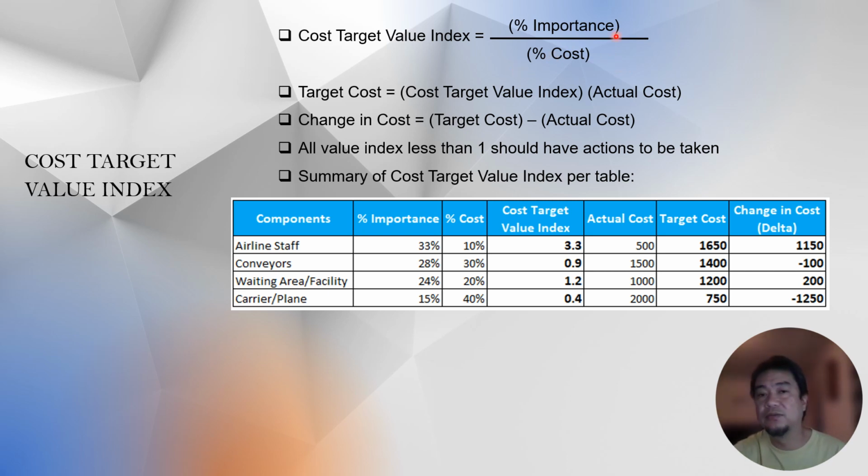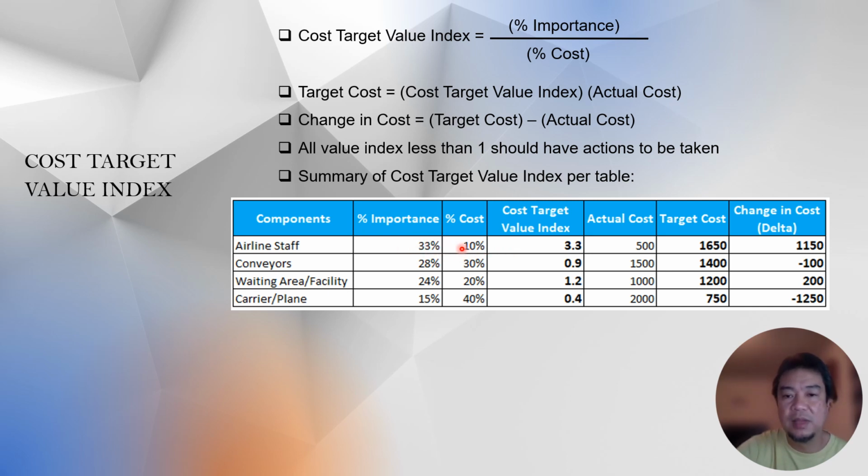You have determined the percent importance of each component and the percent cost of each component earlier on in the slides. So here are the percent importance and percent cost, and you just have to divide these.